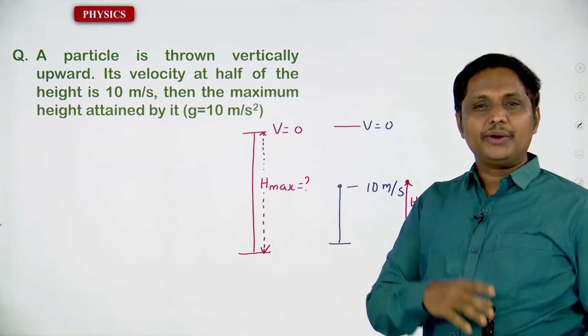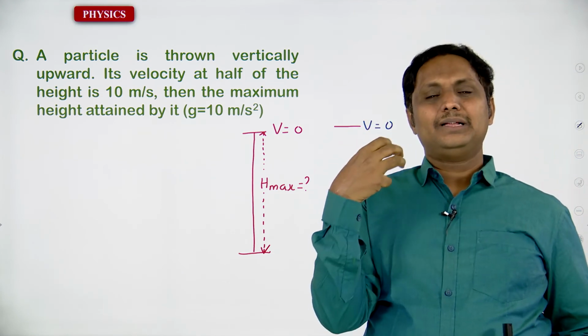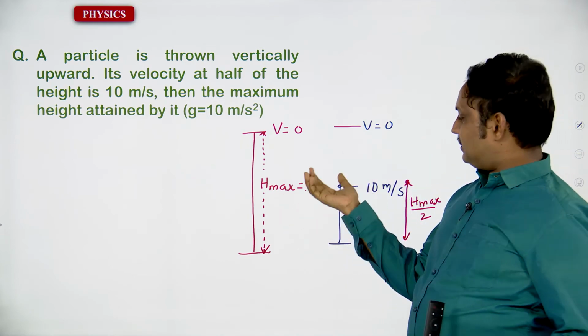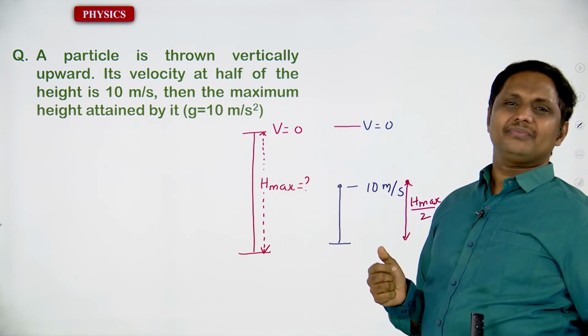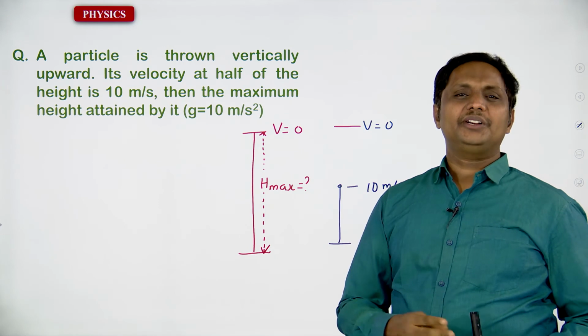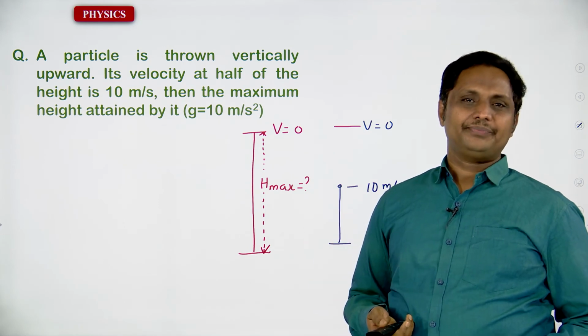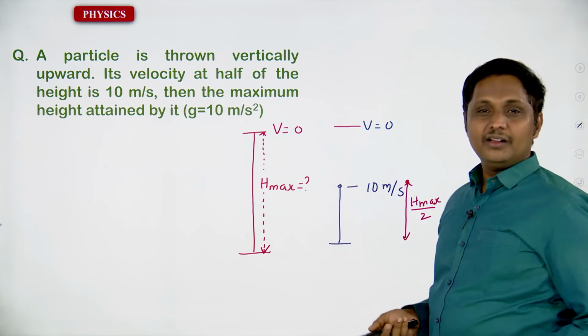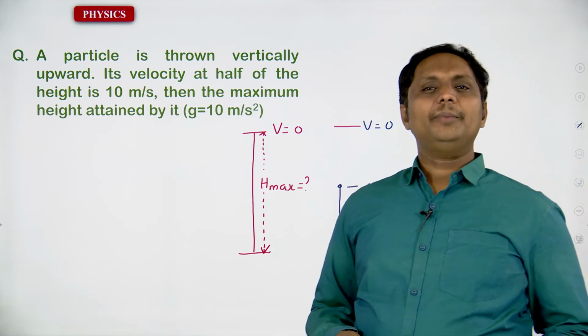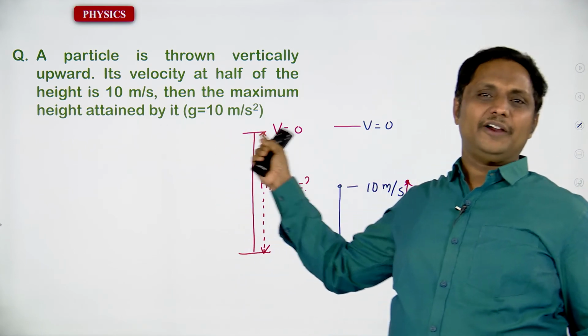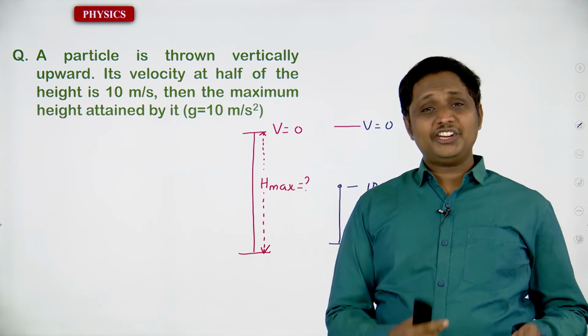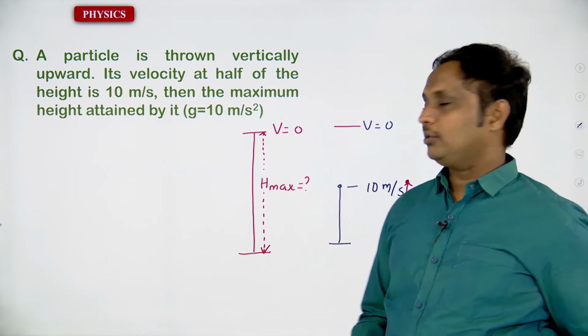Very simple. If you know the initial velocity, easily you will find out the maximum height reached by the body. How you will confirm it? At maximum height, its final velocity is going to be 0. If you know the initial velocity, you can easily solve this problem.